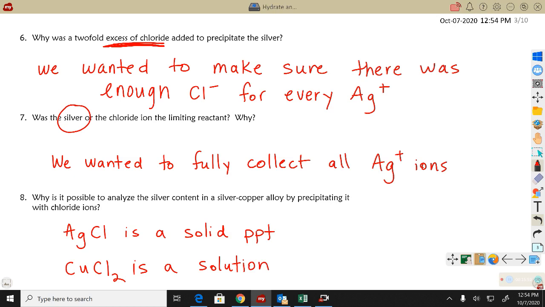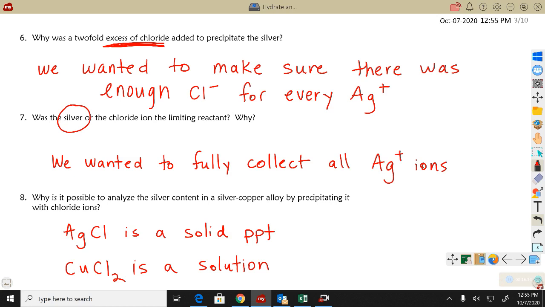And so we call this selective precipitation, where we wanted to selectively precipitate only one of the ions. So you have to make sure that you pick a reagent, chlorine in this case, that will only form a precipitate with one of the two ions present.